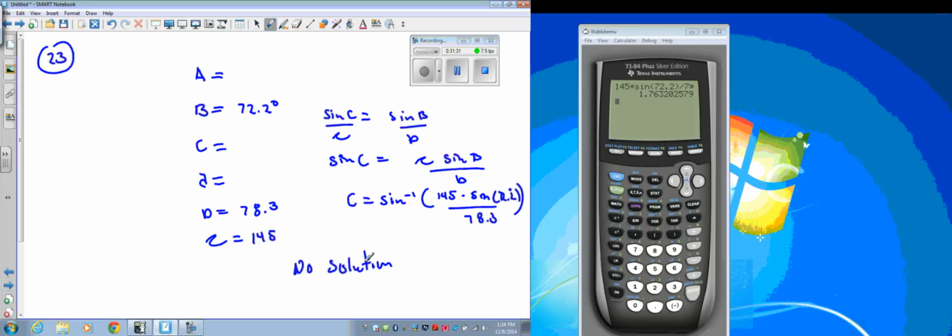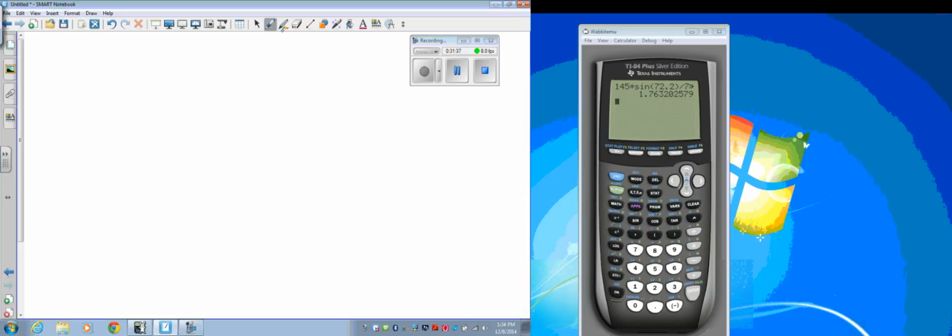Well, let's see, no, 25 is supposed to have 2 triangles. So let's do 25. 38 degrees.